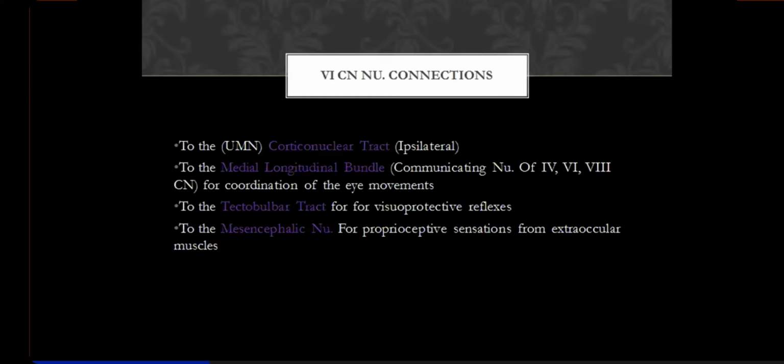So this nerve will be communicating through this tract as well, that is the tectobulbar or tectospinal tract for visuoprotective reflexes. Then it will also communicate to the mesencephalic nucleus of the trigeminal nerve, to relay the proprioceptive sensations that it is bringing from the lateral rectus muscle of the eye. Got it?